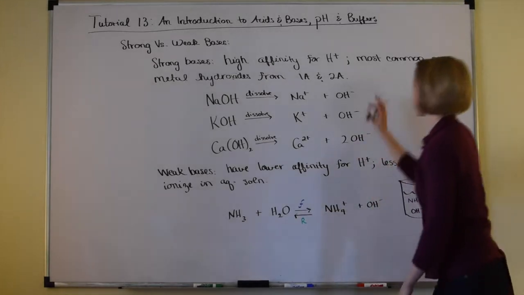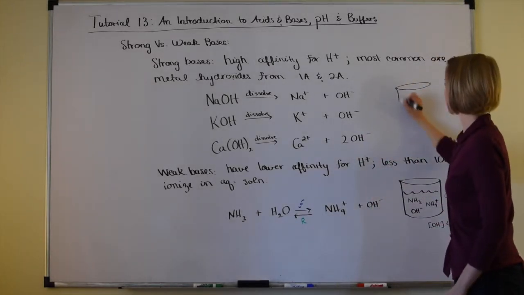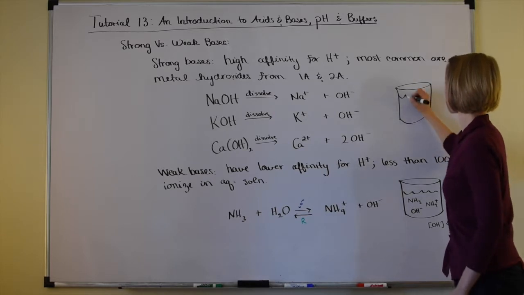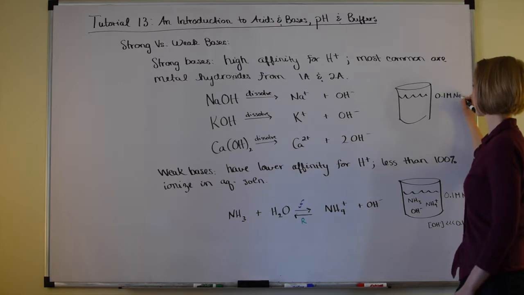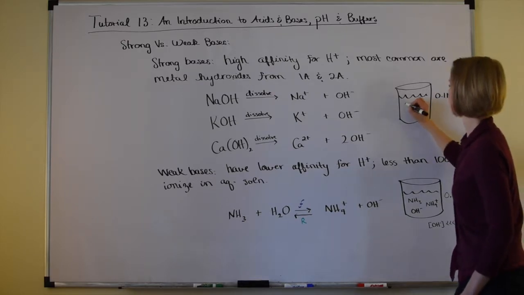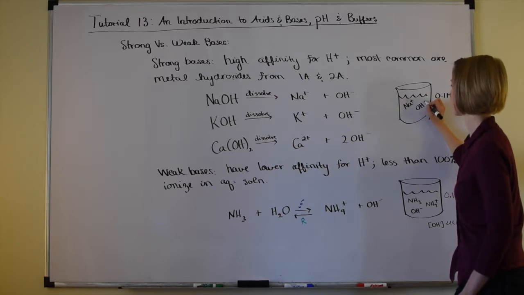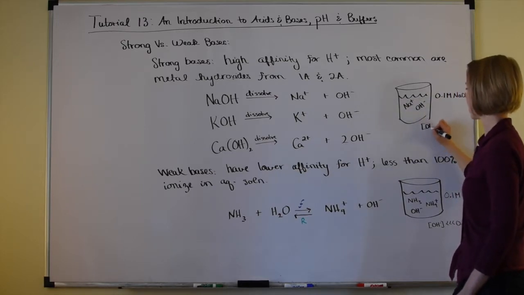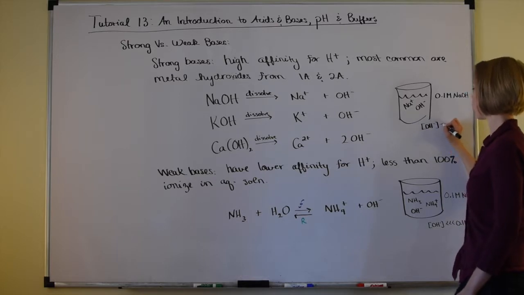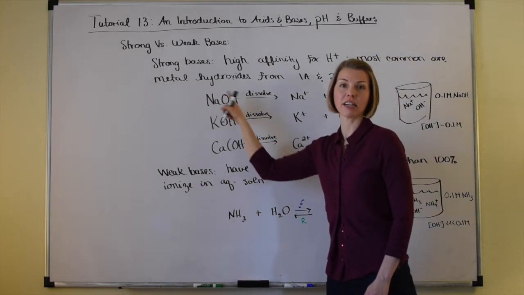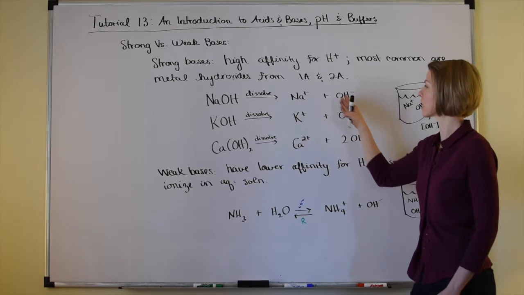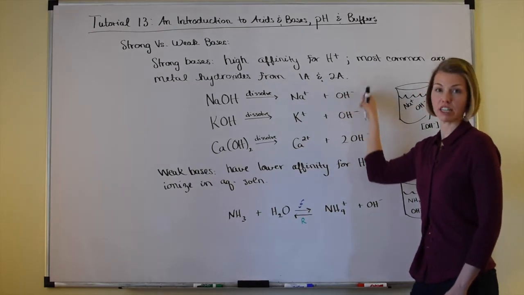Whereas up here, for these strong bases, if you had a 0.1 molar sodium hydroxide solution, you would have just sodium cations and hydroxide anions, and therefore your hydroxide anion concentration would be 0.1 molar, because for every 0.1 moles of sodium hydroxide that dissolves, you're going to get 0.1 moles of hydroxide.